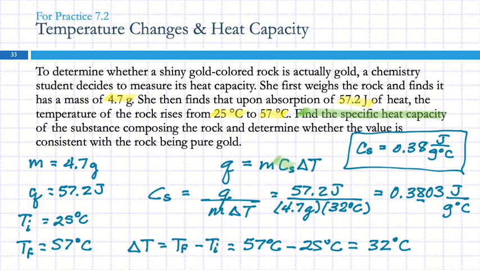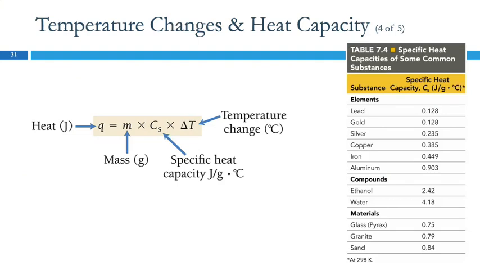But the big question is, is it gold? We need to look at the heat capacity of gold. And you don't have that in your head, you go to a table and you look it up. Well, the heat capacity of gold is 0.128. So it's not gold.